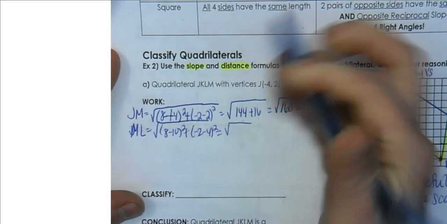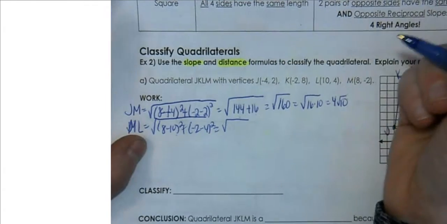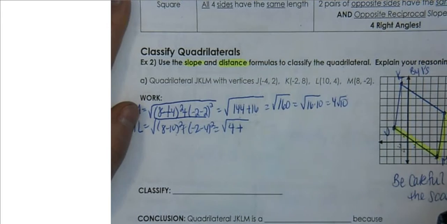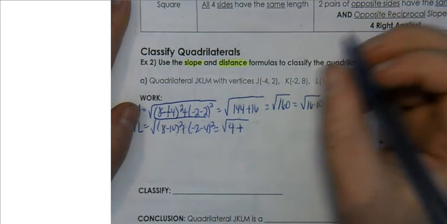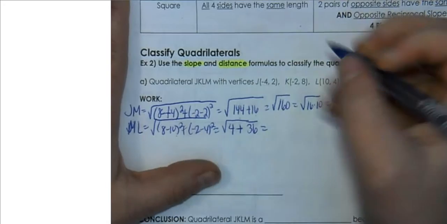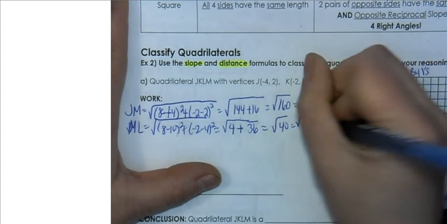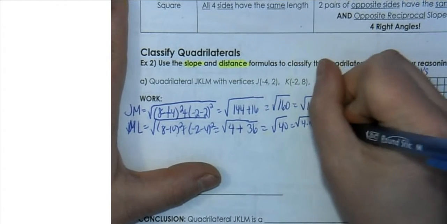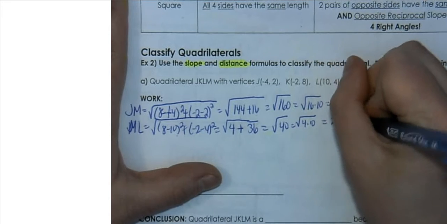So 8 minus 10 is -2. -2 squared is 4. Plus -2 minus 4, that is -6. -6 squared is 60. So excuse me, -6 squared is 36. And 4 plus 36, that is 40. Square root of 40 is the square root of 4 times 10. So this is 2 square roots of 10.